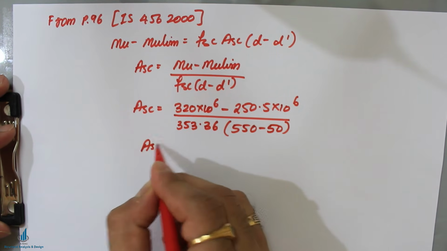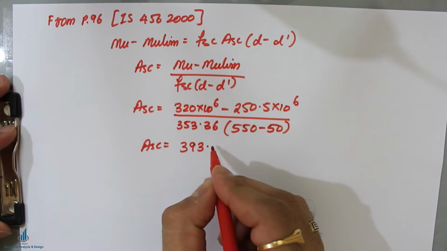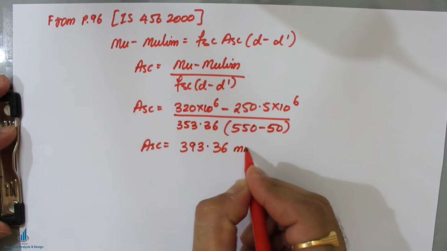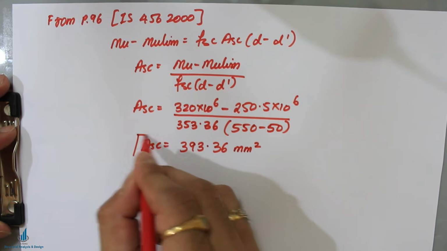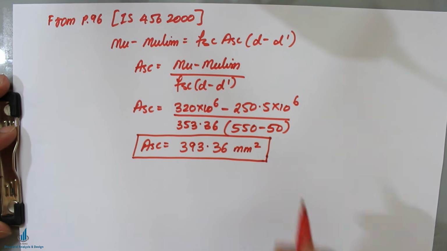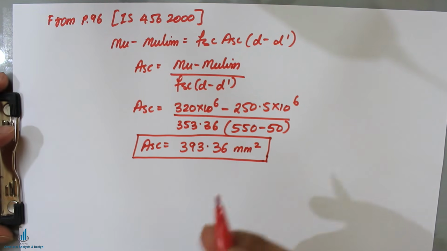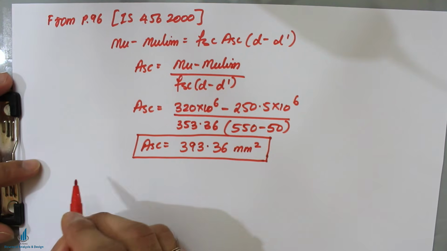So Asc comes out to be 393.36 mm square. So now you got one of the reinforcements which was asked in the problem, that is area of compression steel. Now one more type of steel is area in tension zone.